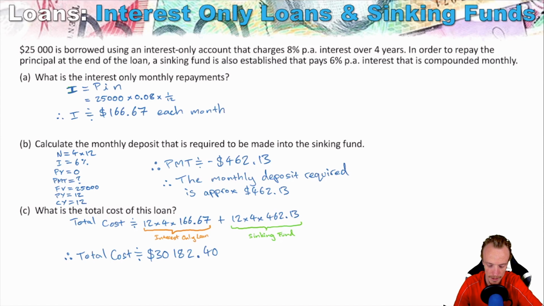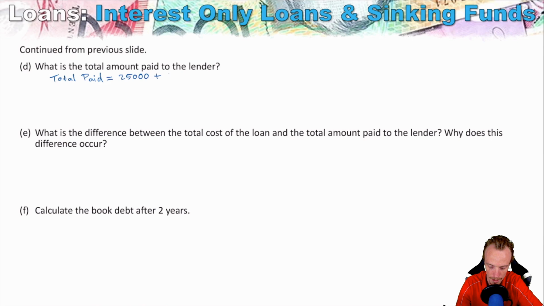So we repaid them $166.67 each month for 4 years. Because this is an approximation, that's $166.67 every single month, multiplied by 12 for 4 years.